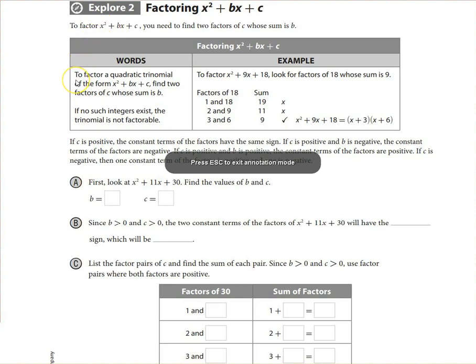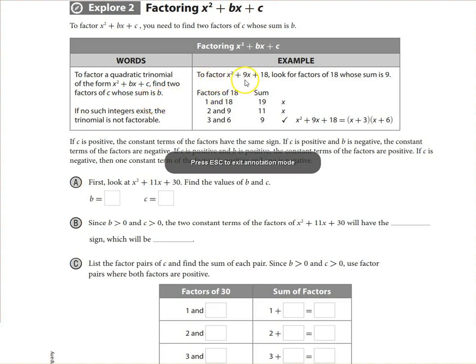So to factor a quadratic trinomial of the form x squared plus bx plus c, find two factors of c whose sum is b. If those integers don't exist, then the trinomial is not factorable. So not all trinomials are factorable. If they are, then you would be able to find two numbers that multiply to c and add to b.